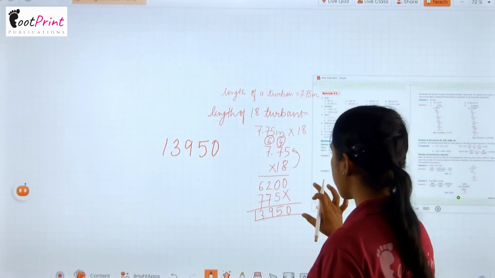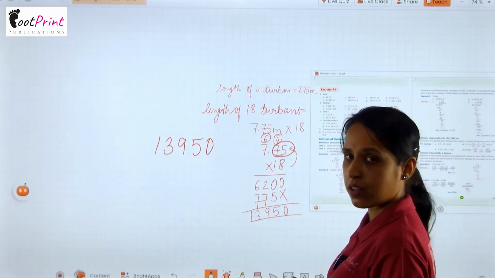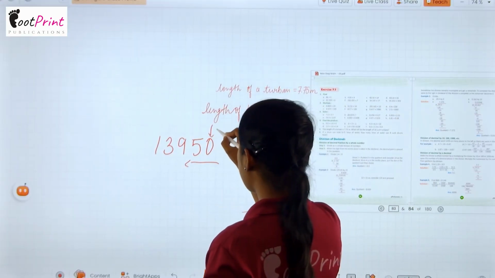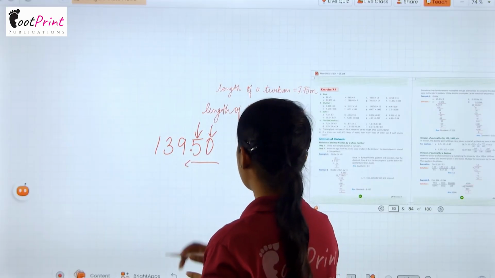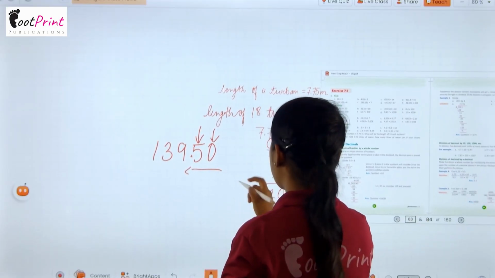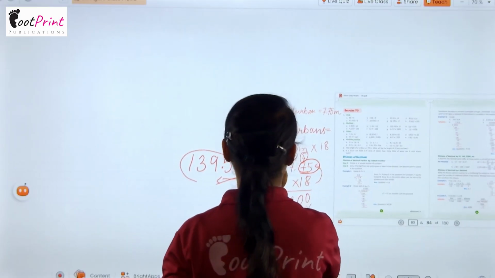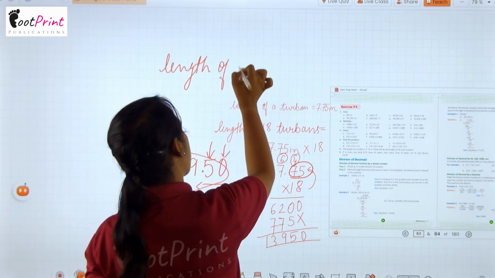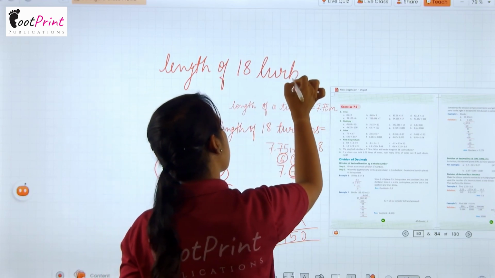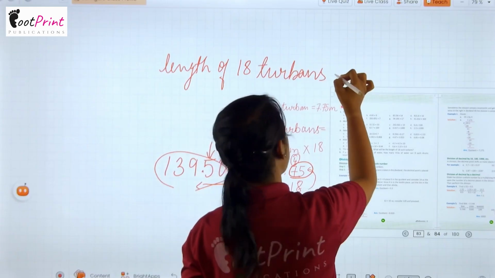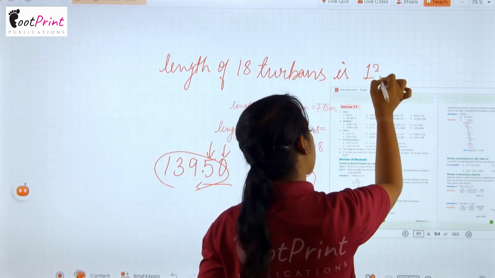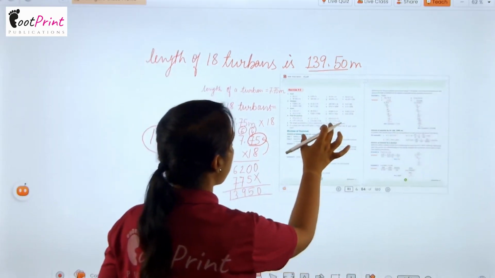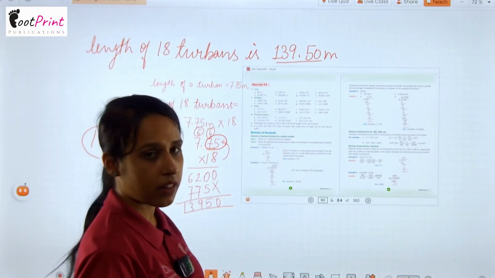And now we have to put the decimal. Here 2 decimal places are there. Now we count right to left 1 and 2 places and then put the decimal point here. So we can say that the length of 18 turbines is 139.50 meters. Okay, so in this manner we can find out the answer of this question.